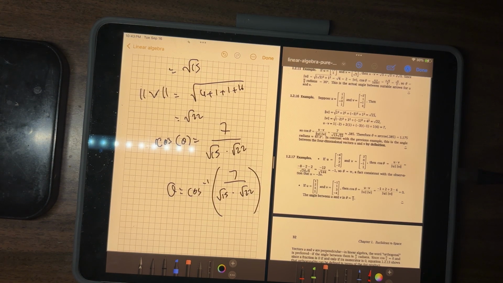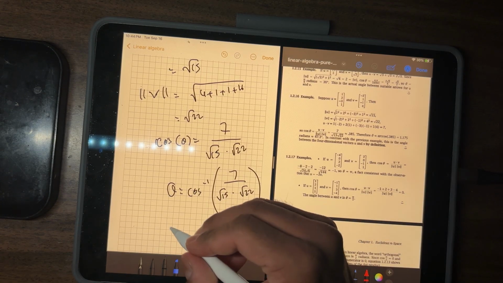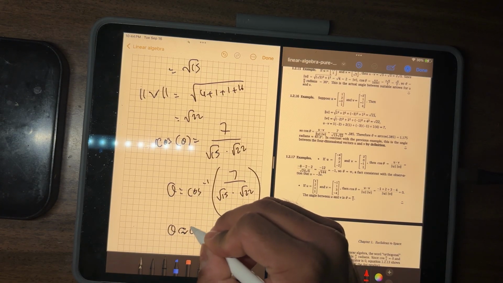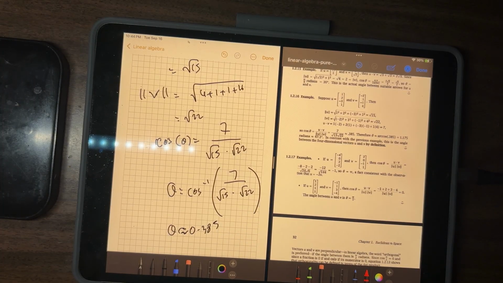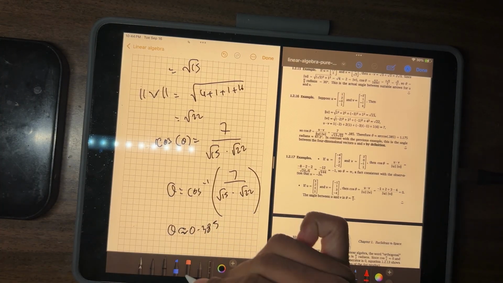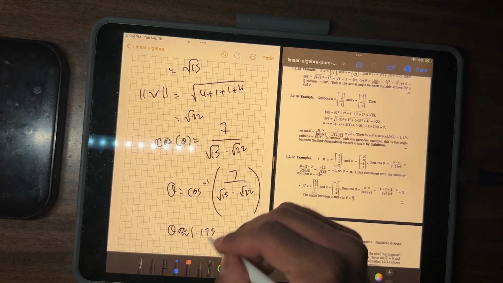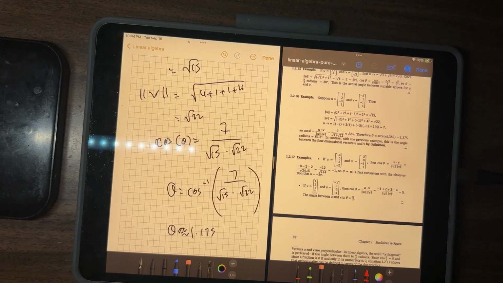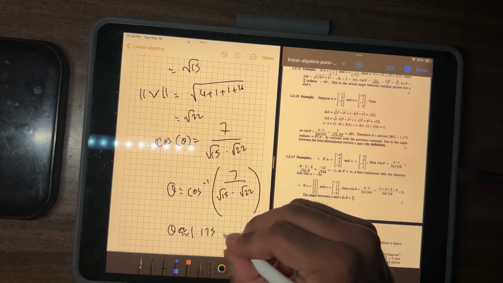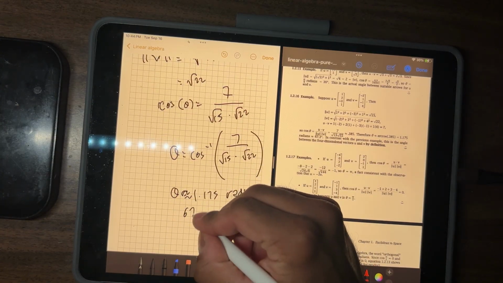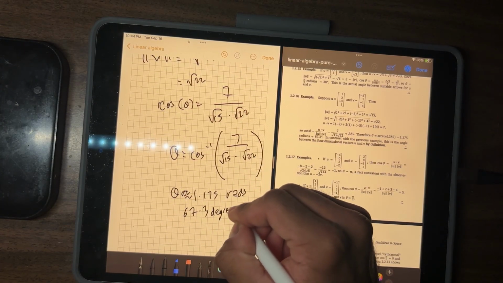What is root 15 times root 22? No idea. But the book says theta would be approximately 1.175 radians, or 67.3 degrees.